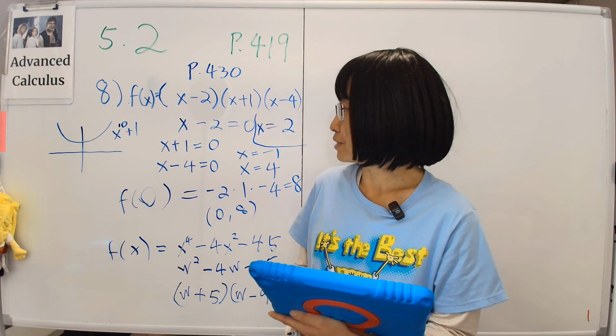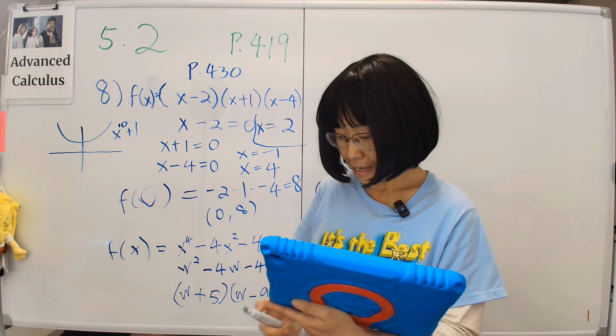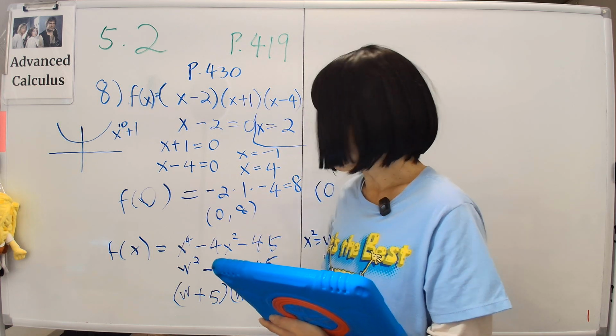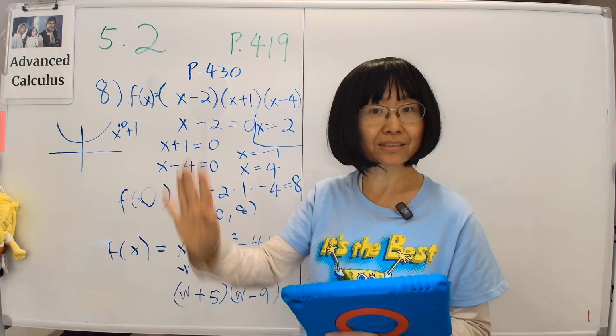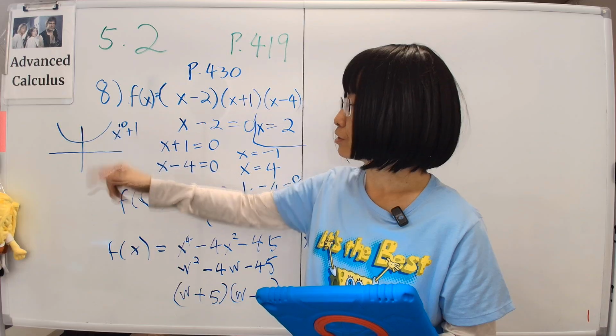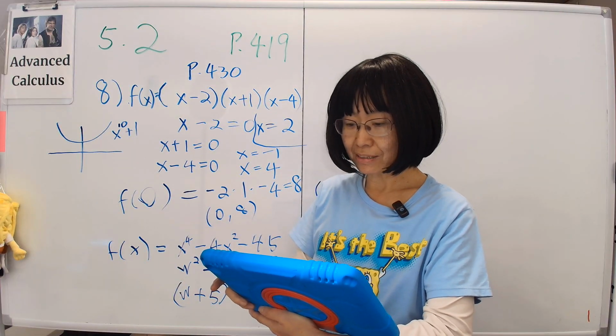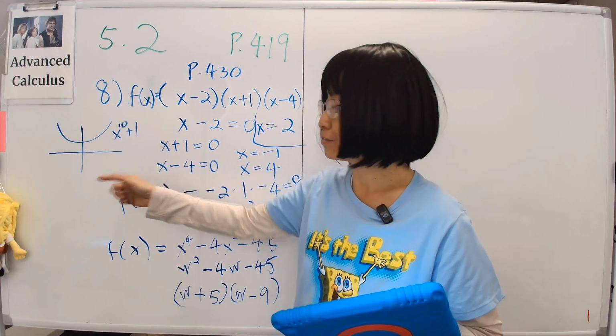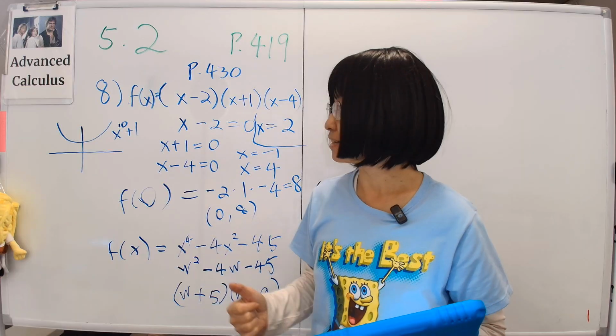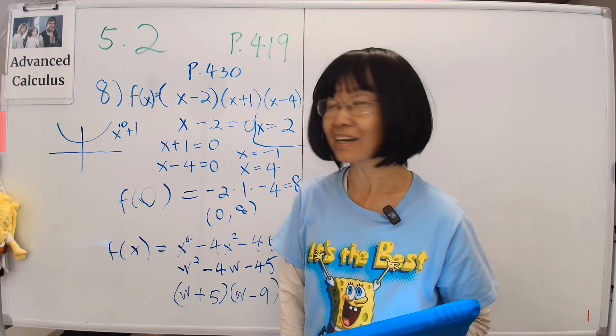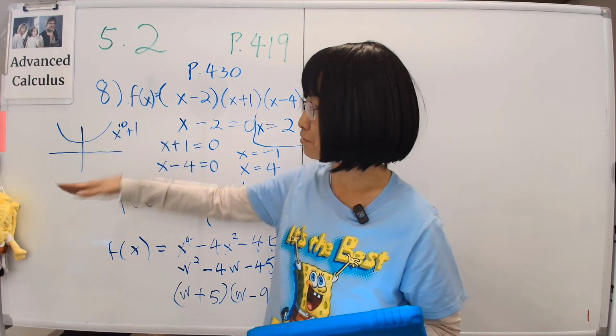Now, it also has a number of turning points. How does the graph turn? It will turn at most 10 minus 1 times. That is, if it's 10th power, it will turn at most 9 times. And at most doesn't mean it's going to get there. Like in this case, it only turned once, right?